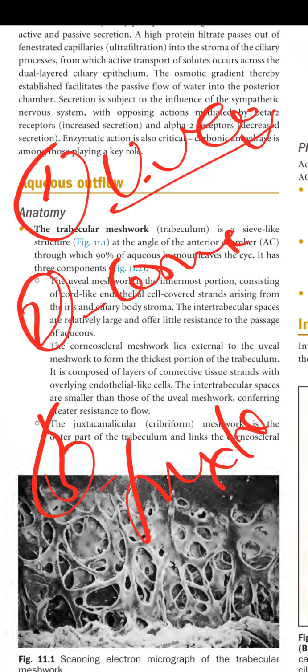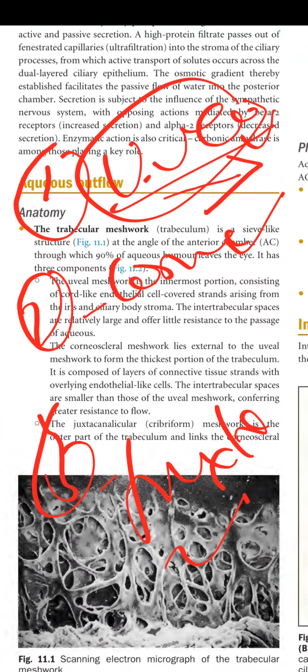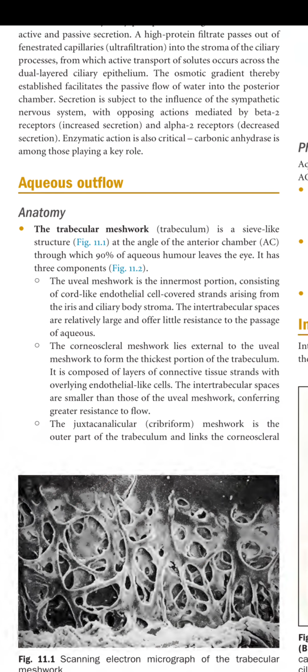The uveal meshwork drains most of the aqueous. Then there is a lot of resistance encountered at the corneoscleral, and the juxtacanalicular has the highest form of resistance. So the uveal meshwork is the innermost portion, meaning that this is an angle, and the innermost portion is the uveal meshwork.